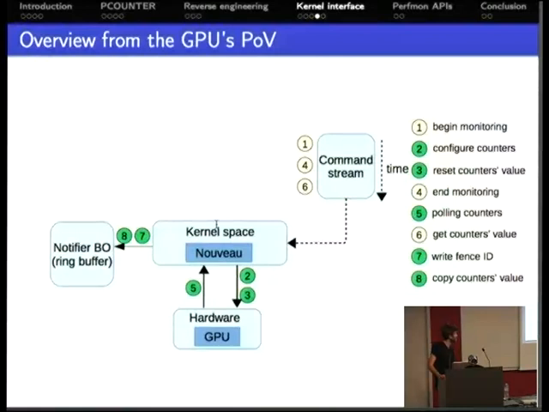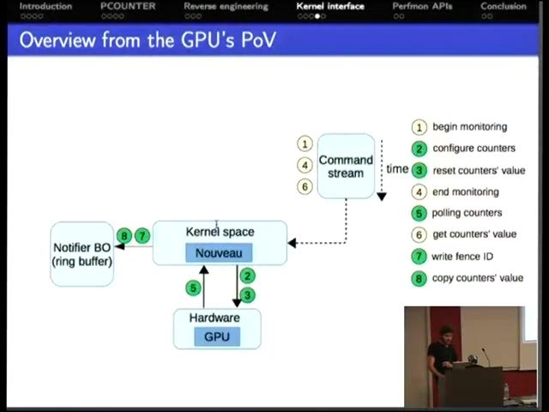Now, what happens on the GPU? When we start a monitoring session, Nouveau writes the configuration of the counters to PCOUNTER, and after it resets all the counters because we want to start all the counters at exactly the same time.